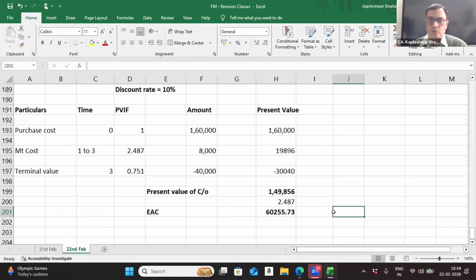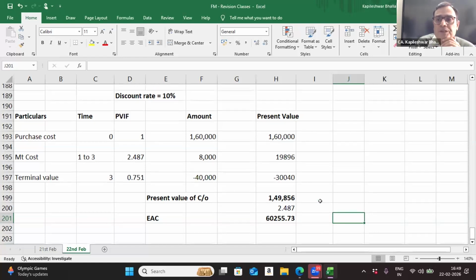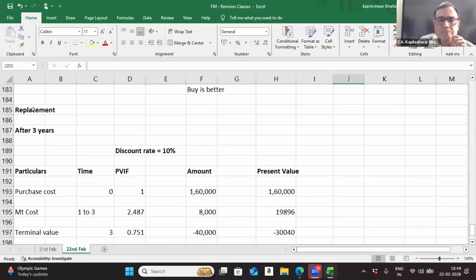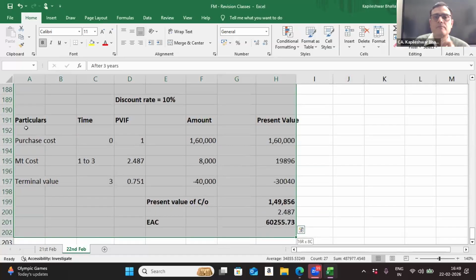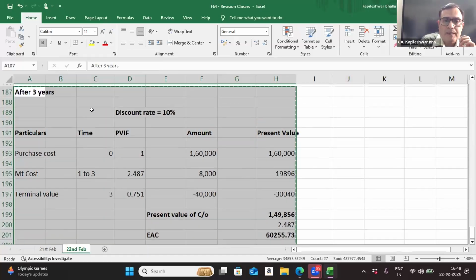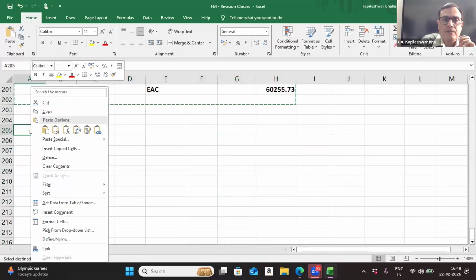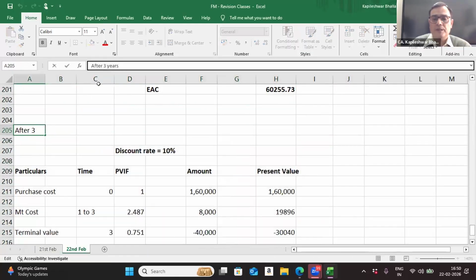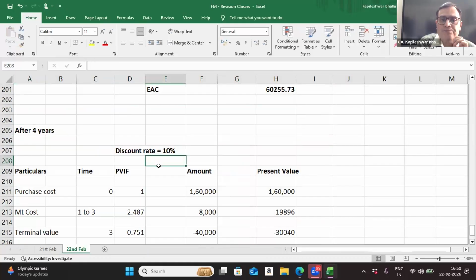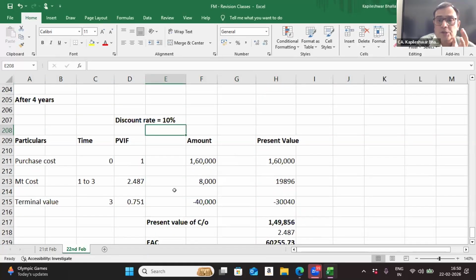Okay, now let's go to the replacement after 4 years. So we can still use this data. We'll just make the changes. We'll just copy this. If you replace after 4 years, the data will slightly change. Purchase cost will not change.